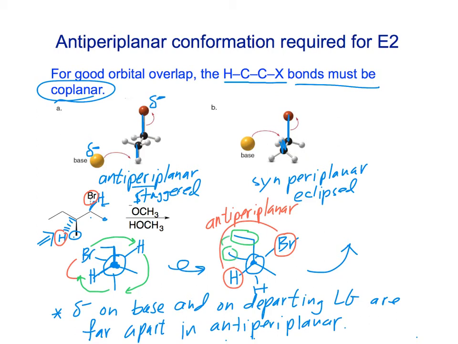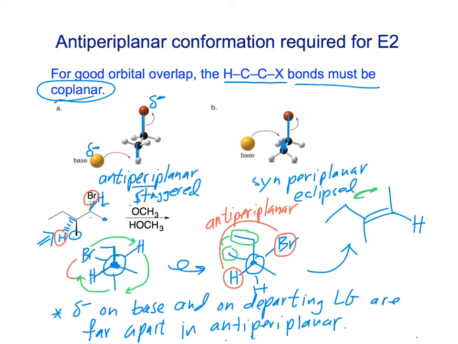So when we draw this product, the double bond here, there's the ethyl group on the top, and so the methyl group at this position has to be on the same side. Okay, here's the same two. All right, and so this is the product that we get from this starting material.